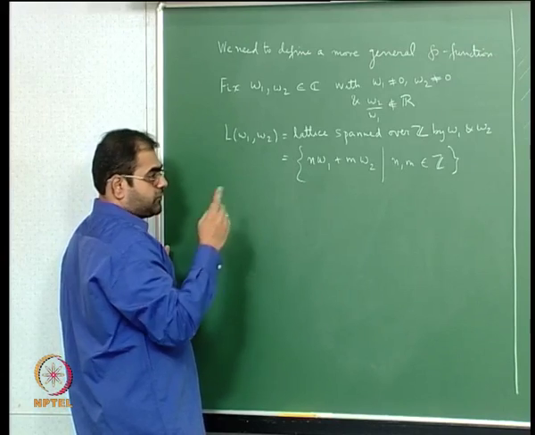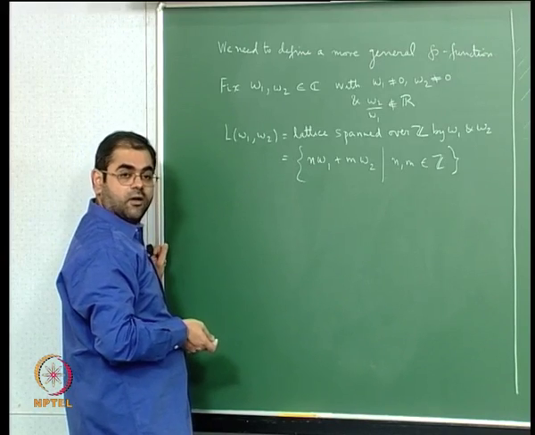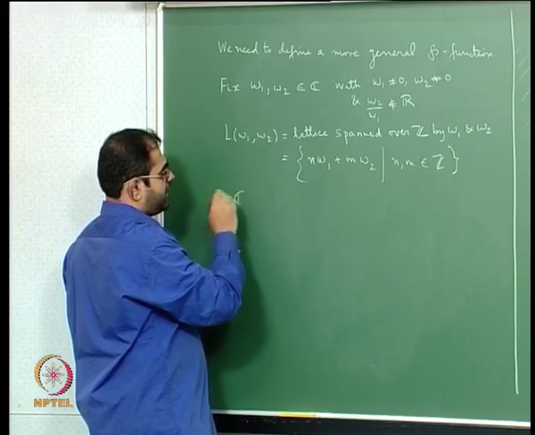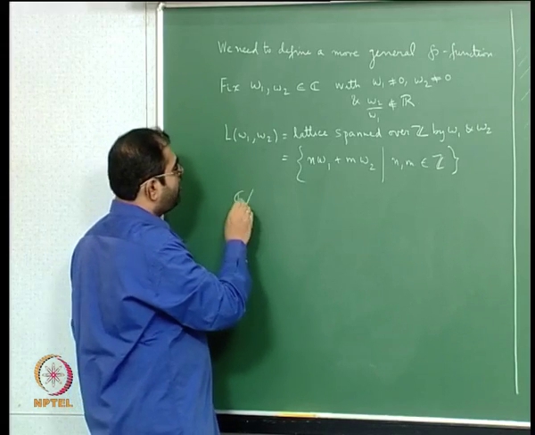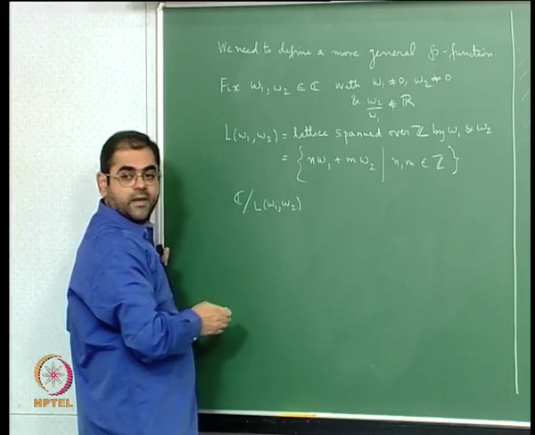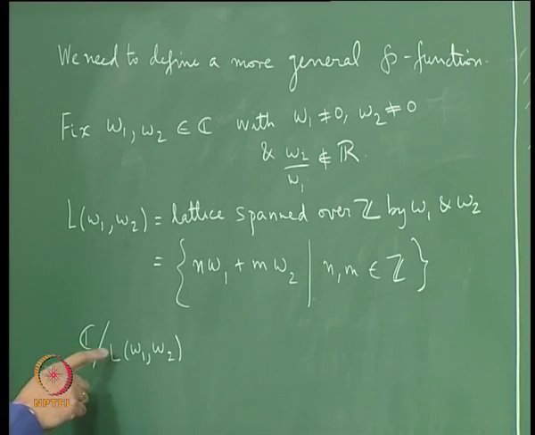Now if you recall, you take the complex plane and then you go modulo this lattice, okay, namely you declare 2 complex numbers to be equivalent if they differ by an element of this lattice.